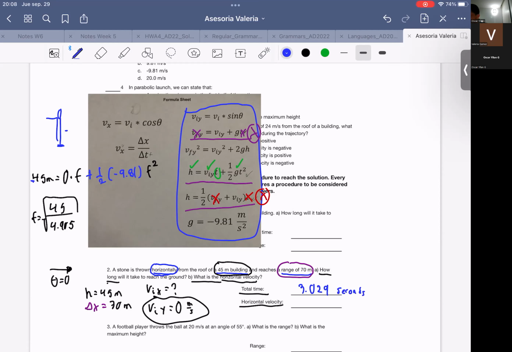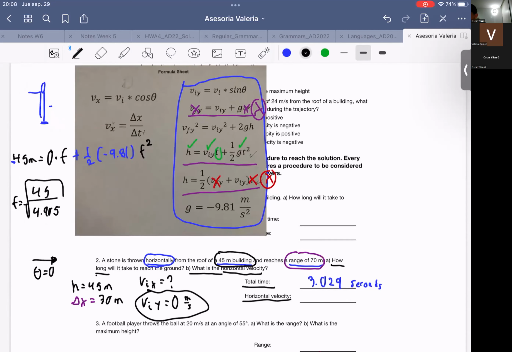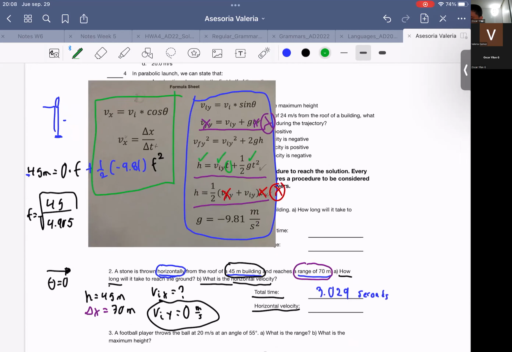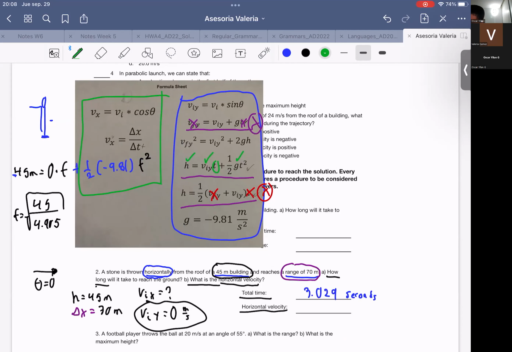Perfect. Now let's go for the horizontal velocity. Horizontal means that we are going to use this part of the equation. Where do we have, okay, we have the velocity right here. And we just got the time.